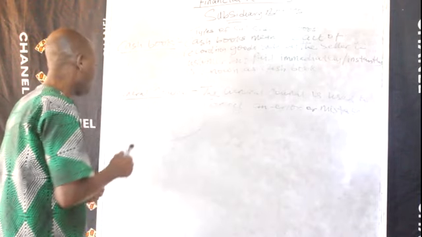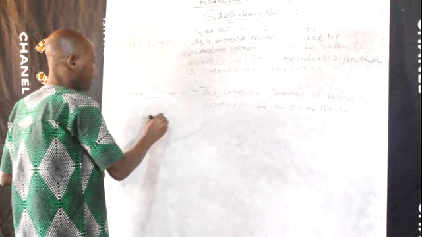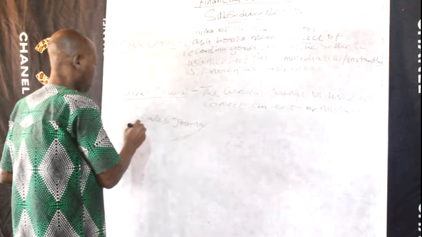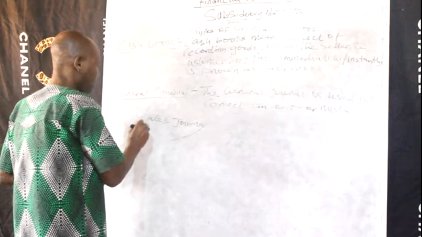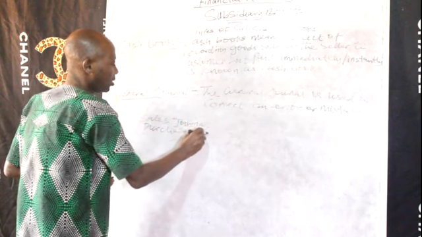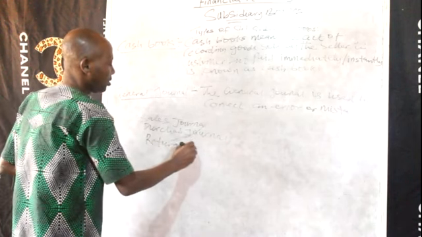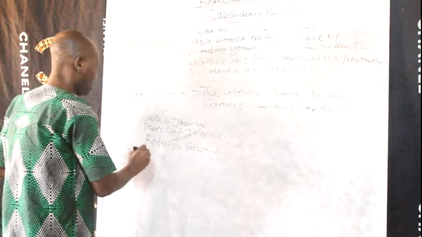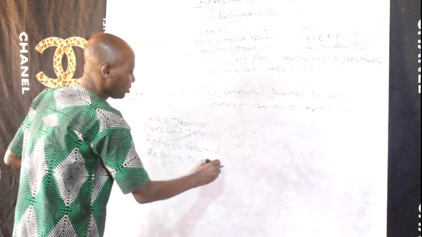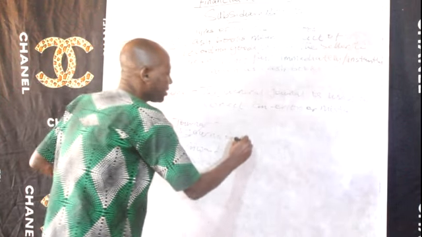The four of them, the sales journal, purchase journal, returns inward, and returns outward, all have the same format.